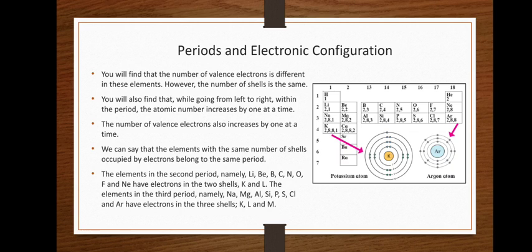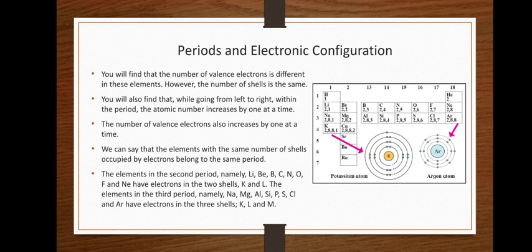Right? That is what I told you. If you consider second period, lithium has 1 electron in its outermost shell, then beryllium will have 2, then boron will have 3, and so on. So the number of valence electrons also increases by 1 at a time.